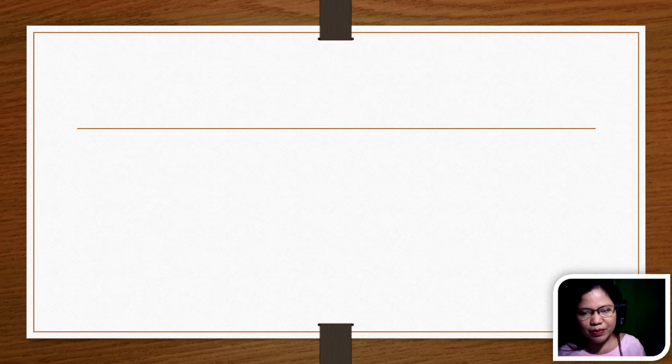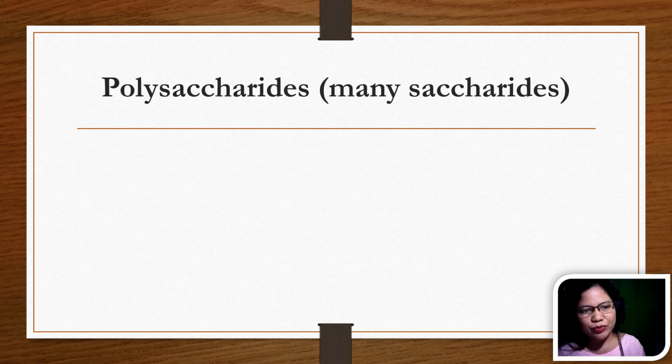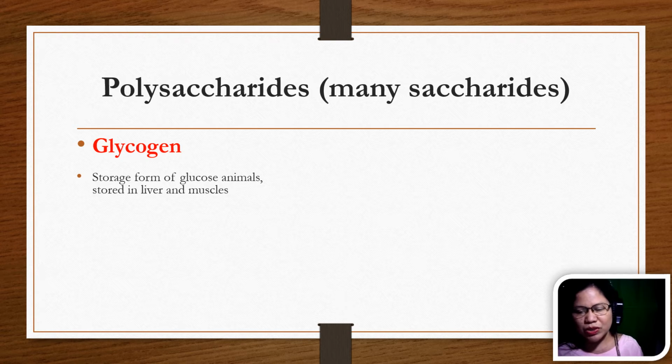Okay, third type is the glycogen. Okay, glycogen is the storage form of glucose in animals, which is stored in the liver and in the muscles. As mentioned earlier, that excess carbohydrates that are not being used by the body will be stored in the liver and in the muscles.